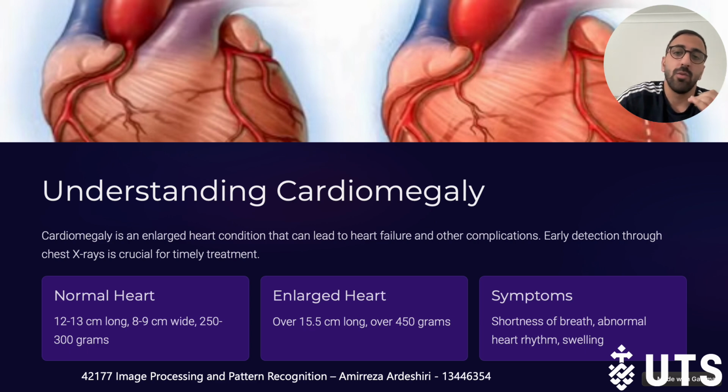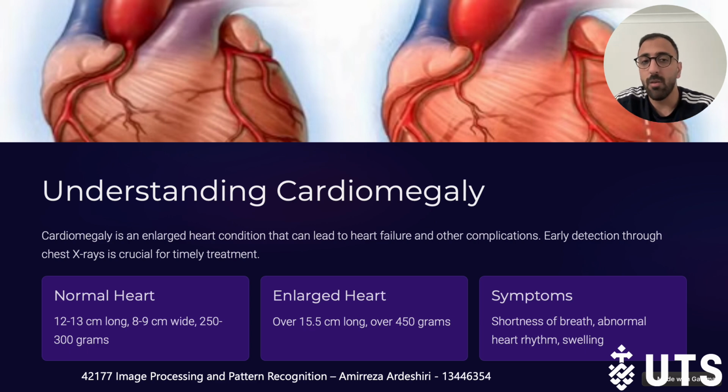Before diving into methodology, let's understand what cardiomegaly is. Cardiomegaly refers to the enlargement of the heart, which can be due to various factors like high blood pressure, coronary artery diseases, or genetic conditions. A normal heart is about 12 to 13 centimeters in length and weighs between 250 to 300 grams.